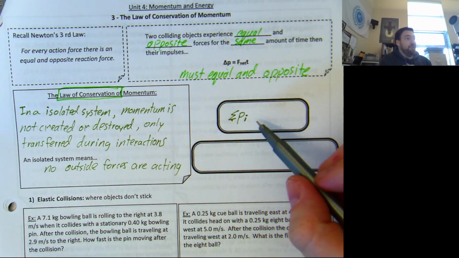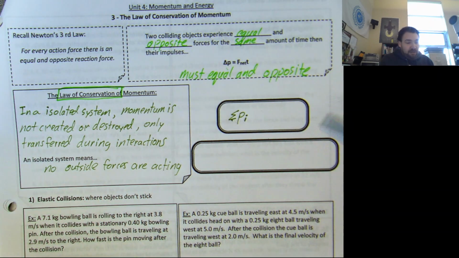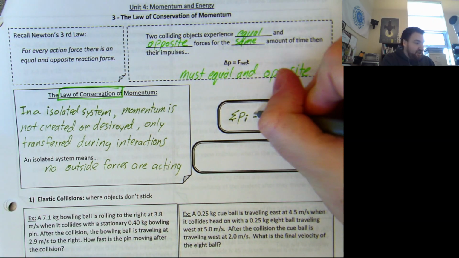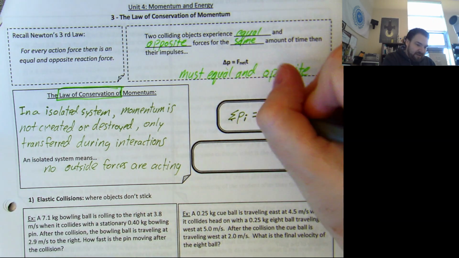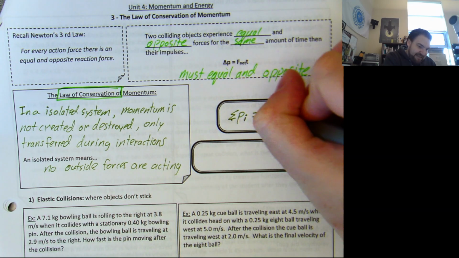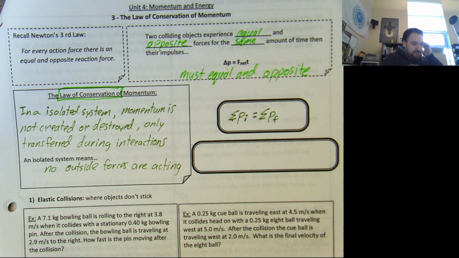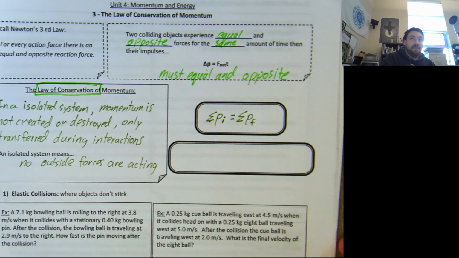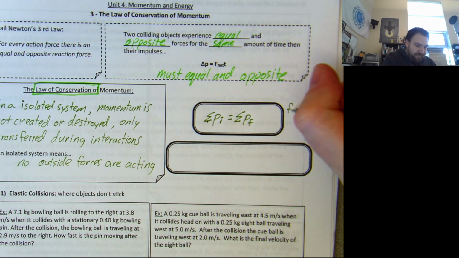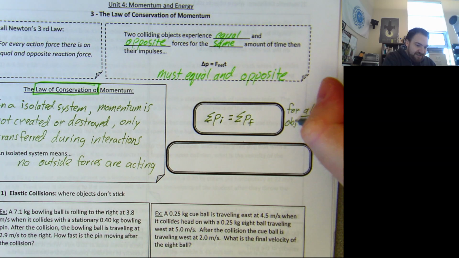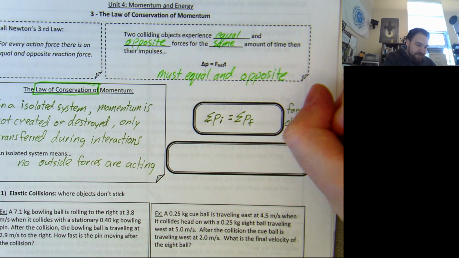And that i stands for initially or at the beginning. The sum of your momentums to start must equal the sum of your momentums at the end for all objects in the system.